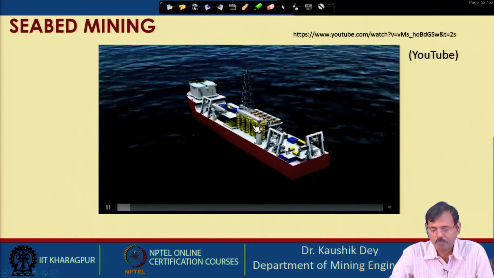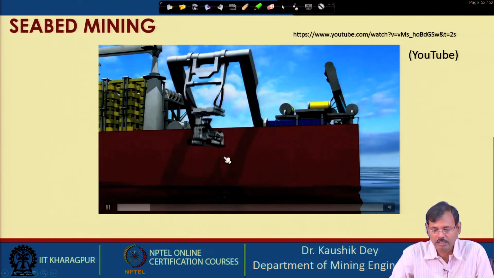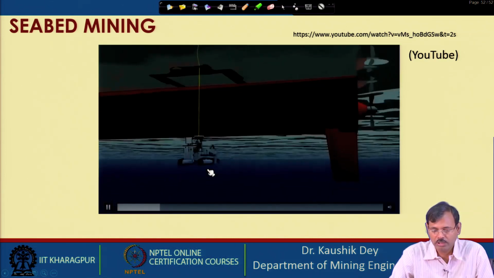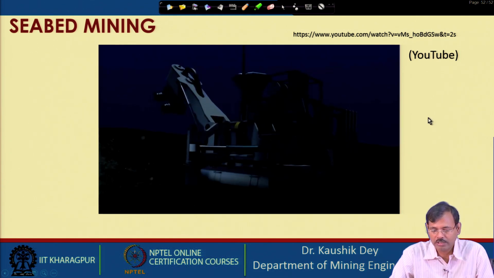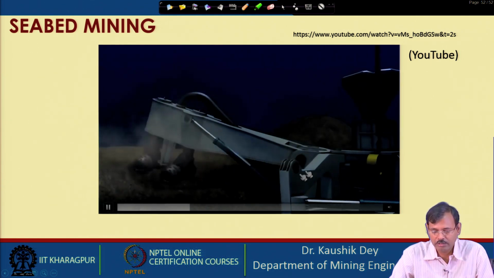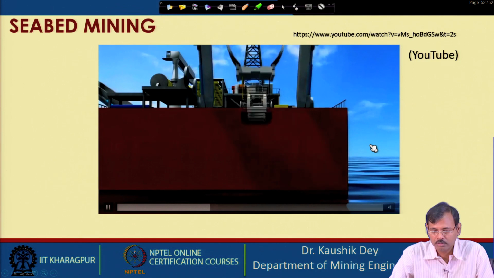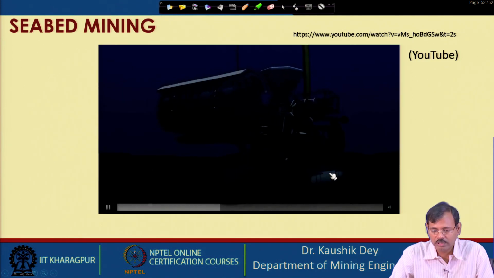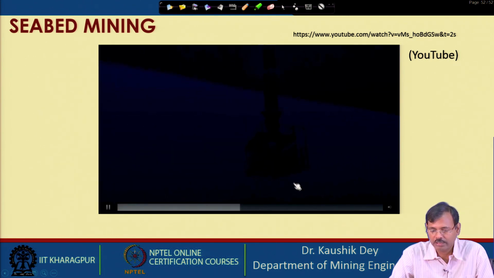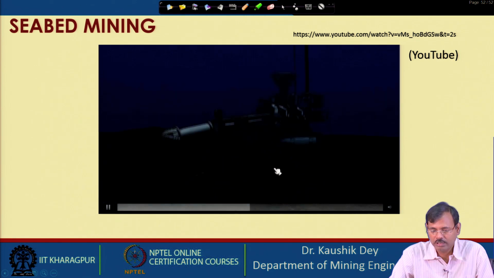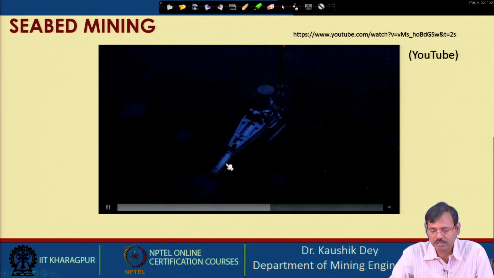Obviously, a ship has to be placed there, then an excavator has to be lowered till it reaches the seabed. Then the excavator is allowed to dig the material. This is another way of excavation, where the excavation is made; this is a boom type excavator, and the material is sucked.